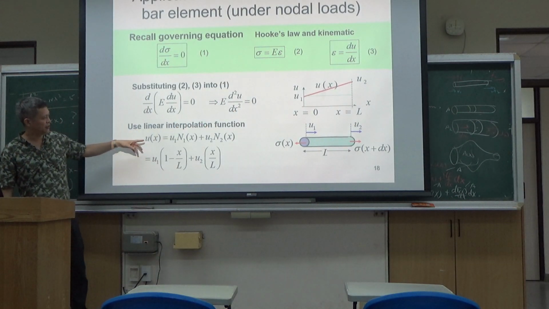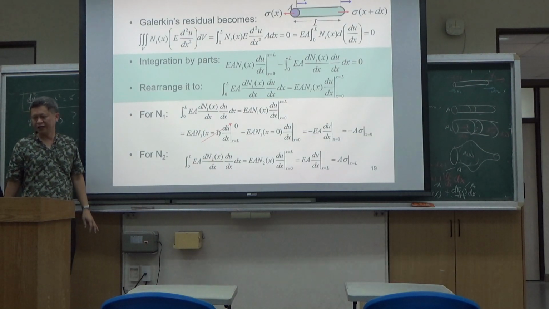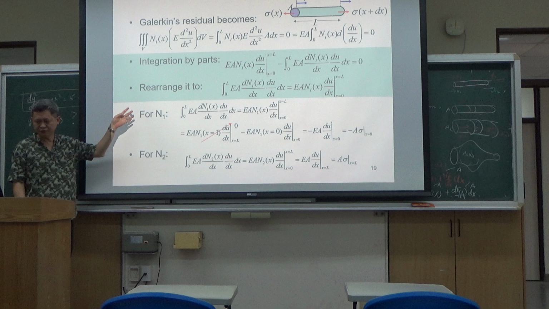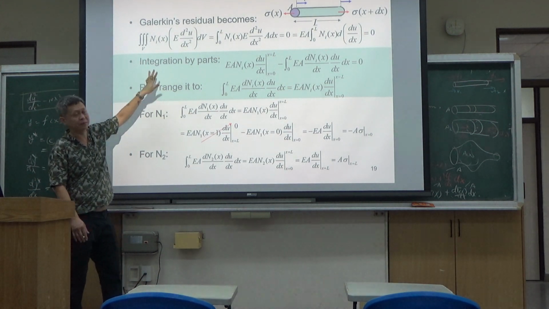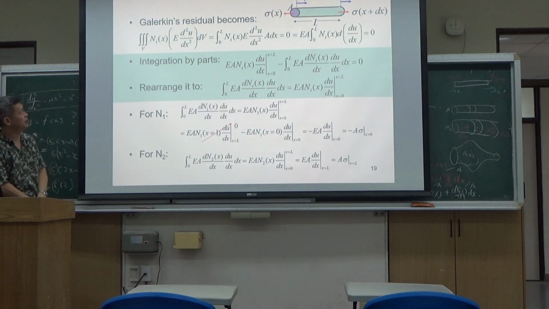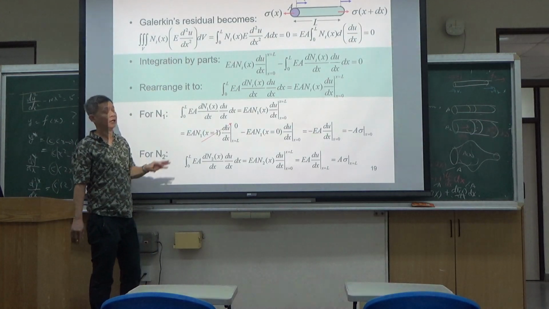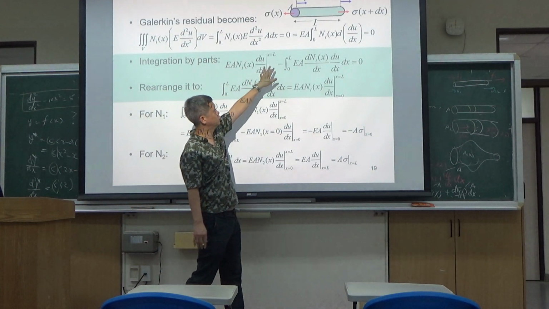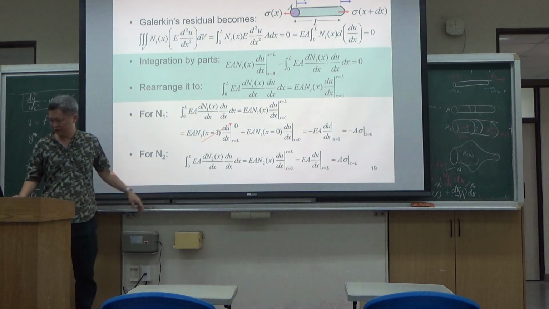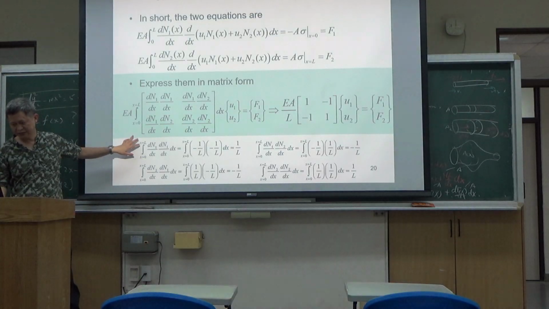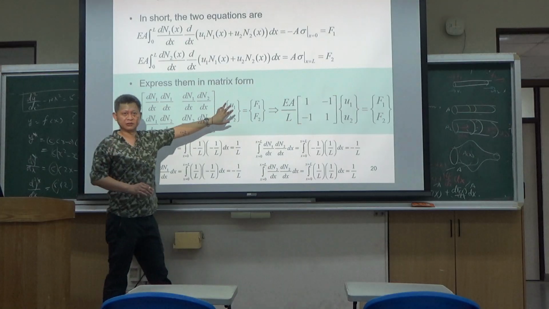And because the displacement is an interpolation function of the boundary, then you're going to be able to write this Galerkin residue method. The Galerkin residue method is your shape function times your governing equation, and then you can do the integration by parts to eventually find the same stiffness matrix expressions as you did just now.